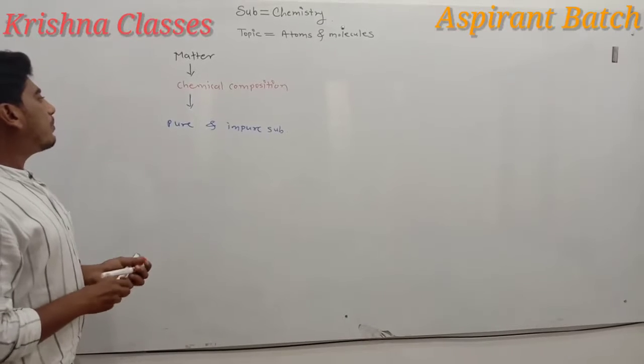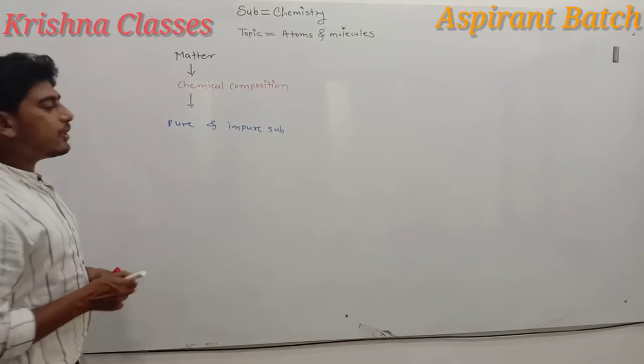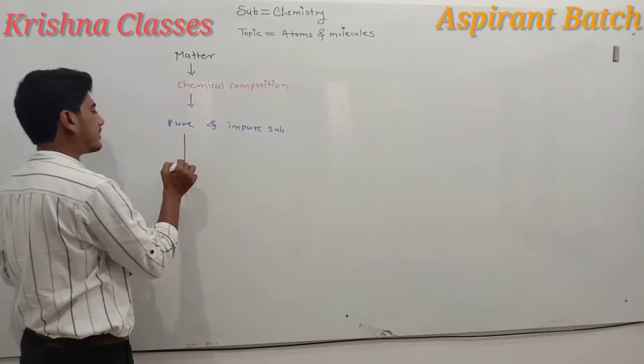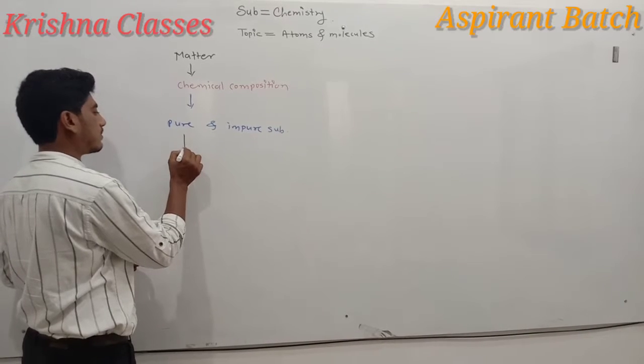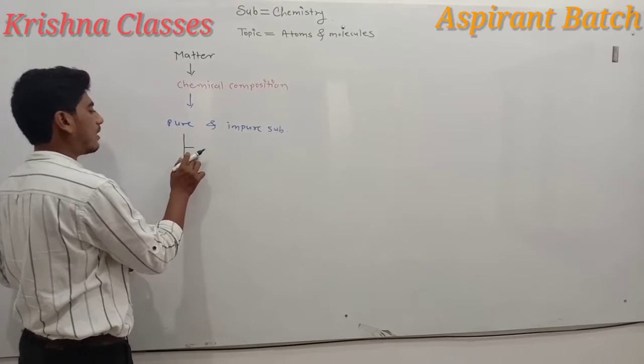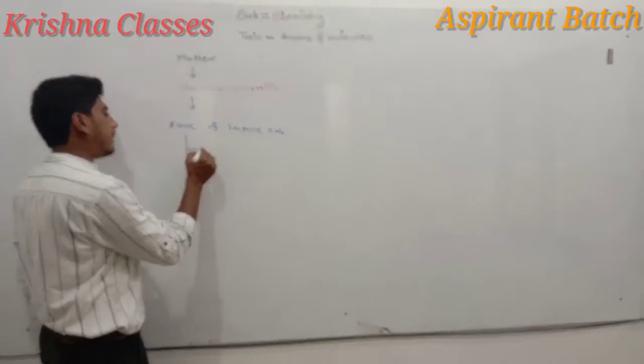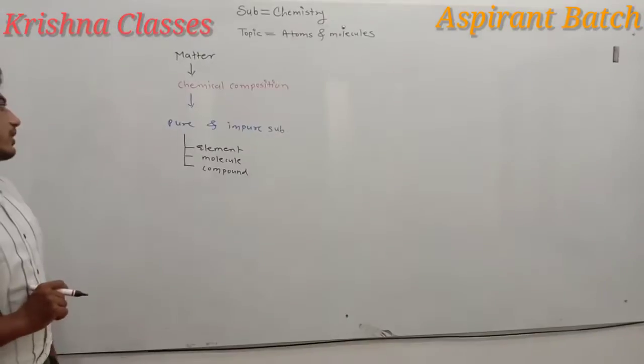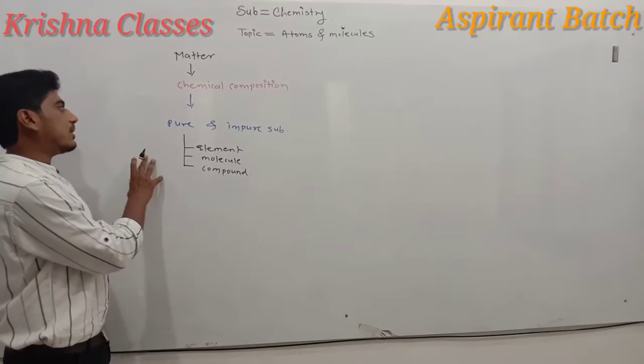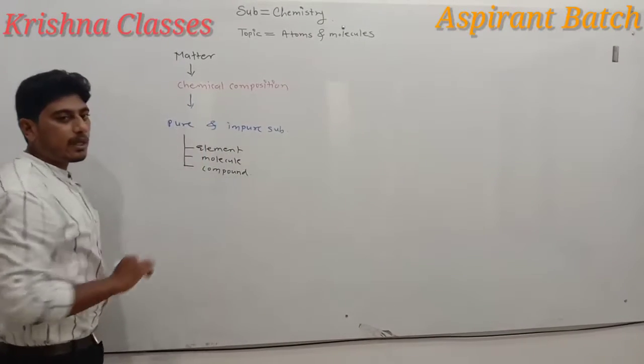Then the pure substances are further classified into three types: atoms, that is the element, molecule, and compound. This is the purest form of substance on the basis of chemical composition.